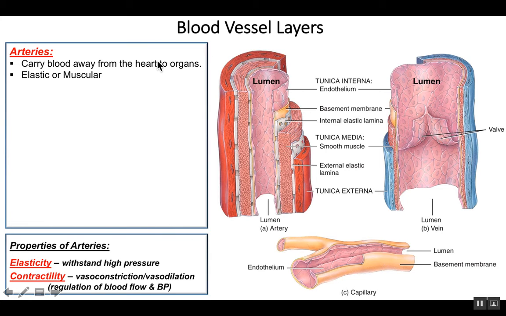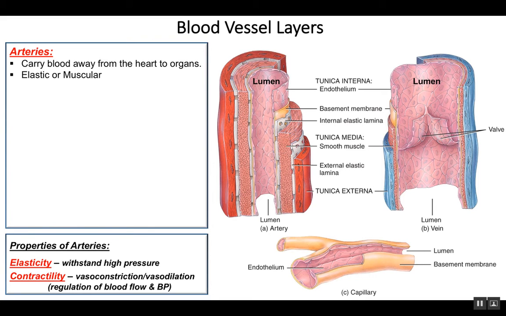So let's review. Arteries carry blood away from the heart towards organs. Arteries come in a couple different types. They could be very elastic in order to withstand more pressure, or they're muscular arteries. The elastic arteries get a lot of blood directly from the heart, and therefore the pressure is very high and they have to be very elastic to withstand that pressure.